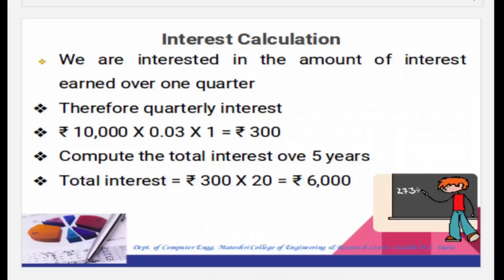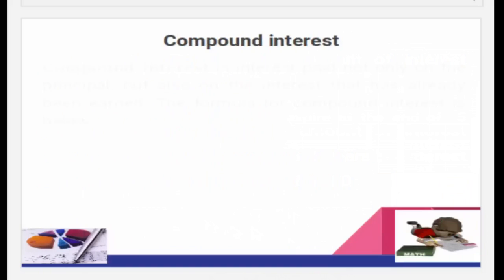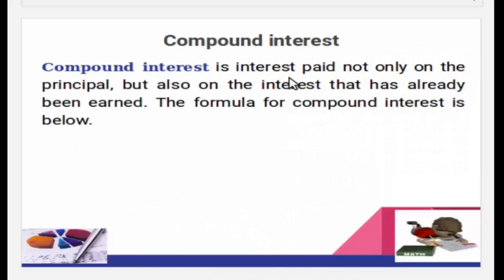Now we will learn about another interest rate, that is the compound interest rate. Compound interest is interest paid not only on the principal but also on the interest that has already been earned.